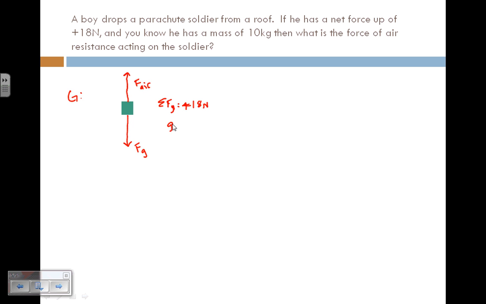You should also know that even though they didn't put it in this problem, we know the acceleration from gravity, little g, is equal to 9.8 meters per second squared. And the final thing that we know is his mass is equal to 10 kilograms. The unknowns here, well, obviously we're trying to find the force of the air resistance.